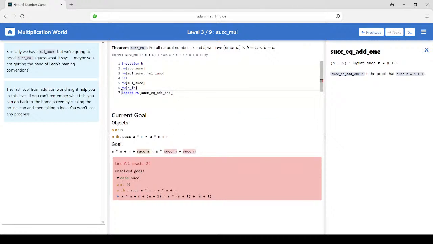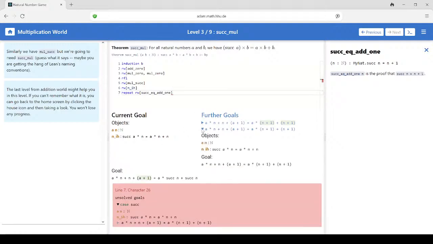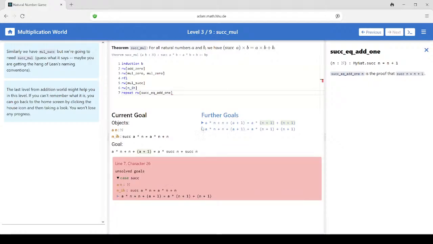Why does... when it's got all 3 of these highlighted here, successor A, successor N, and successor N, but then it only affects the first one. And what is this doing here?